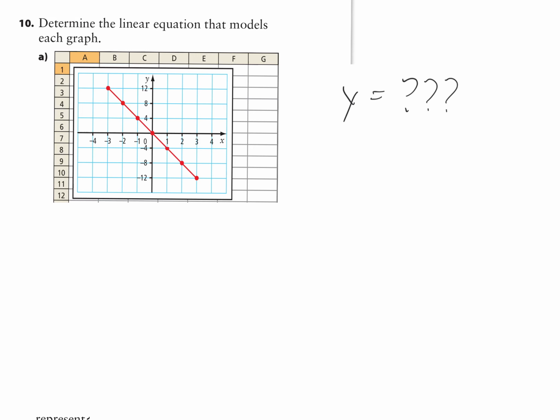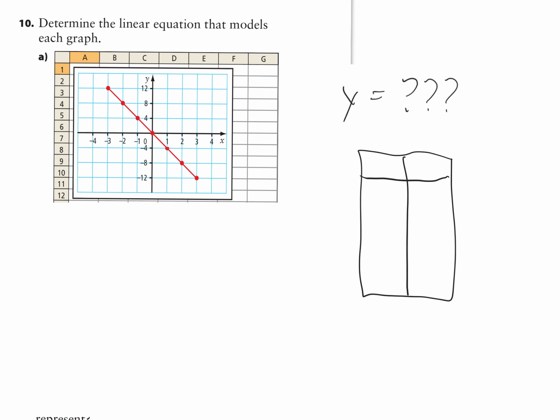So the table of values looks like this. Here's our x, here's our y, and we're going to do 4.